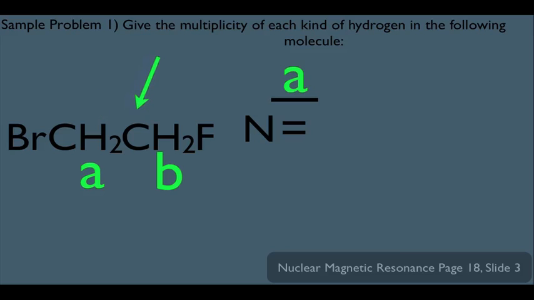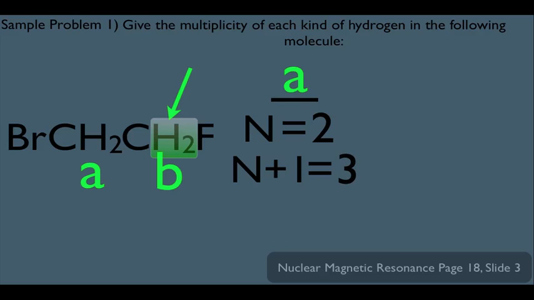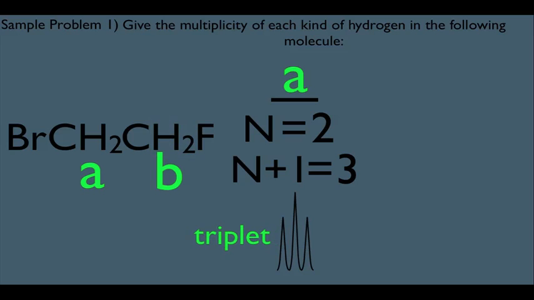We notice that he has these hydrogens right here, the B hydrogens, as his neighbors. And how many are there? A total of 2. So the N value for the A hydrogens is 2. Plugging in, N plus 1 in this case would therefore equal 3. So we should expect to see the signal for the A hydrogens to be split into a triplet.